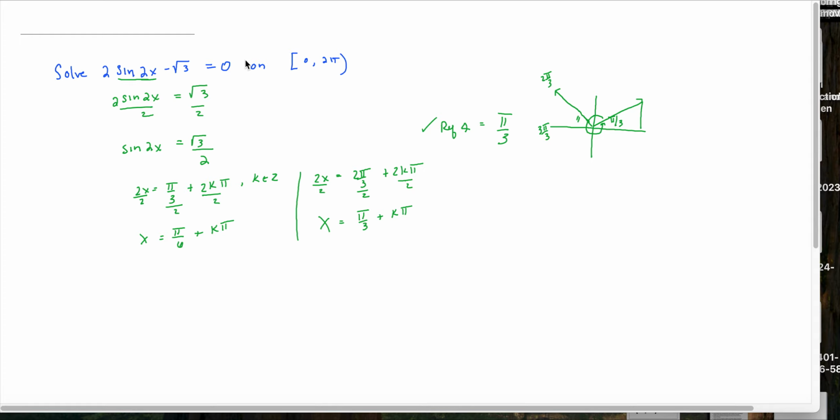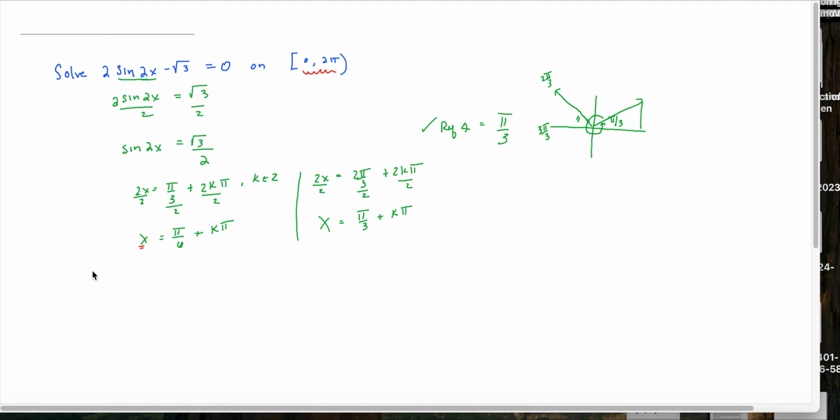So notice, and this is where things get a little bit interesting, we are solving for x on the interval from 0 to 2 pi. So what we want to consider is, since x is equal to pi over 6, how many times can I add pi to pi over 6 and still have an angle that is less than 2 pi?